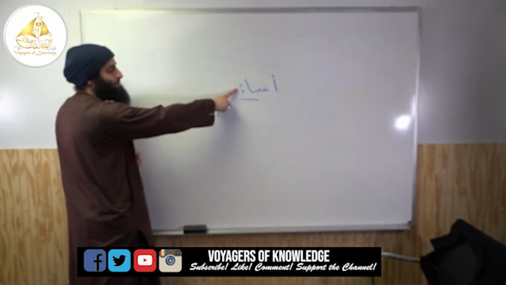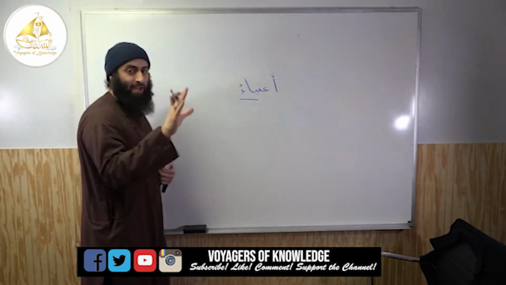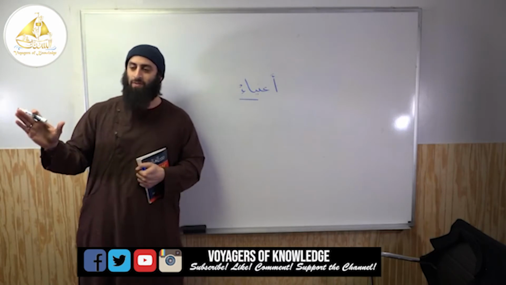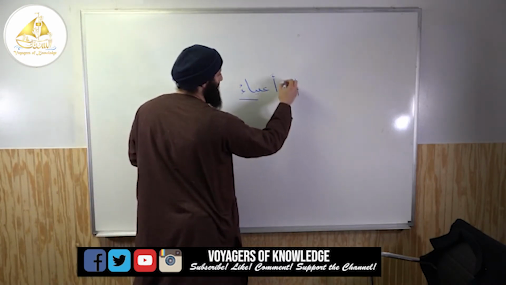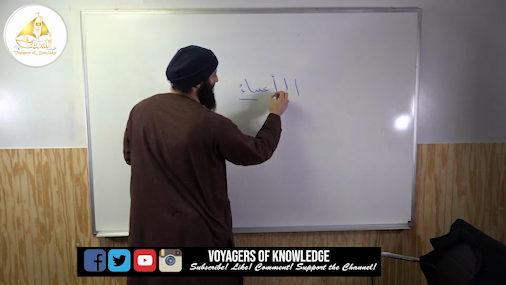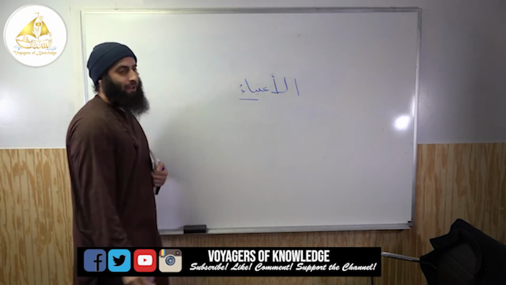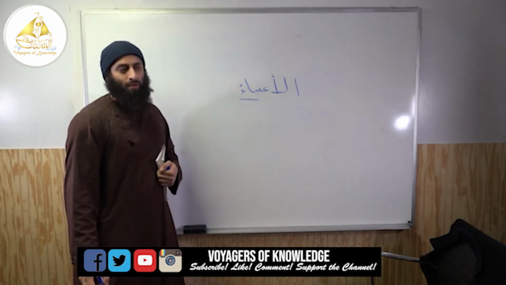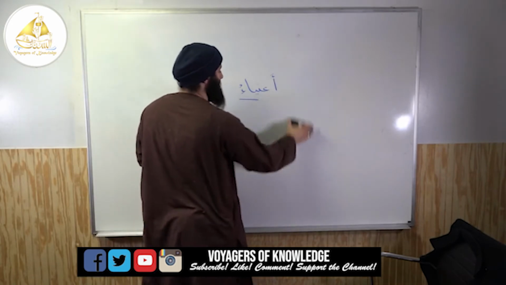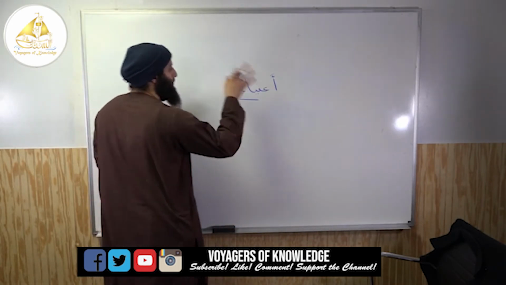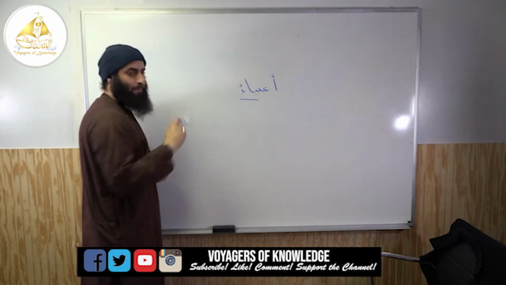No. So normally a word that is not definite, what does it mean when it's not definite? It does not have alif and lam. Al is not there. It's not al-aghniya'u. So whenever it's indefinite, it usually accepts a tanween.